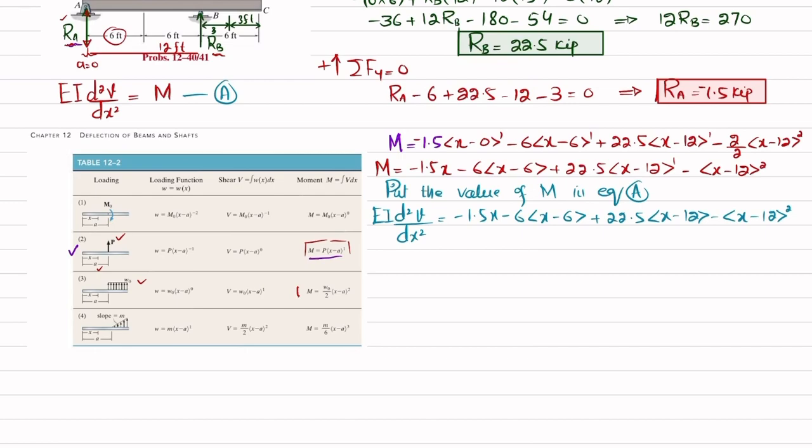So what we will do is integrate this equation.